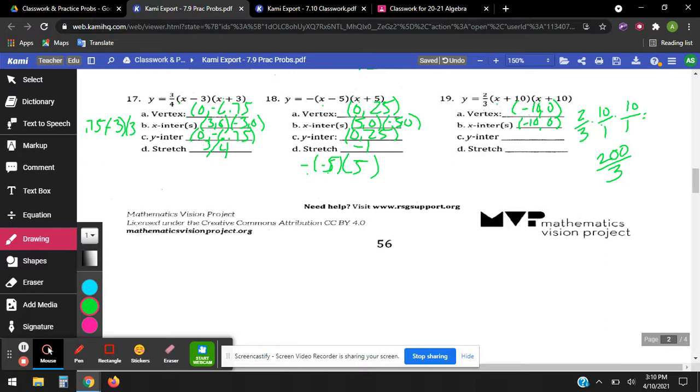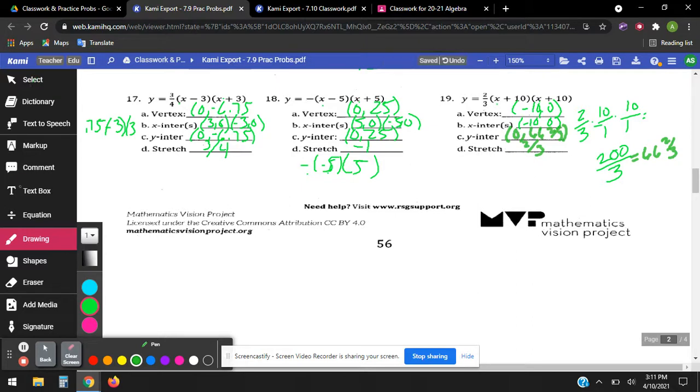Oh boy. Equals 66 2/3. So my y-intercept is 0, 66 2/3. And my stretch would be 2/3. Okay, let's keep going.